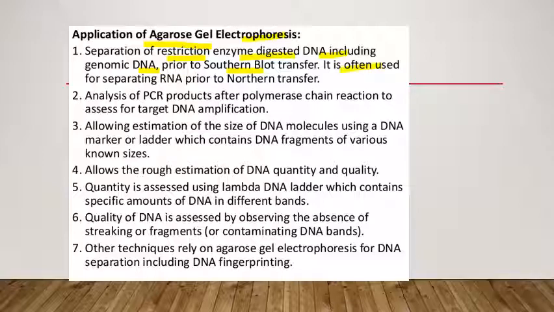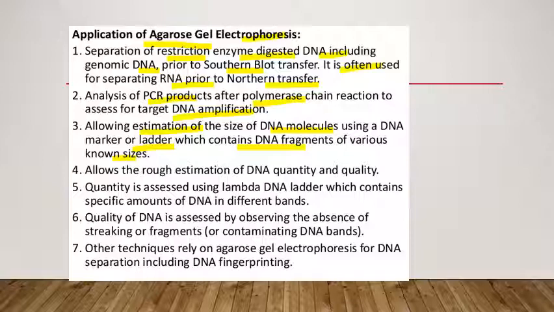It is often used for separating RNA prior to other methods such as transfer. It is used for the analysis of PCR products after polymerase chain reaction, to assess target DNA amplification, and for estimation of the size of the DNA molecule using a DNA marker or ladder which contains DNA fragments of known sizes. As you have seen in the slide, we have a ladder.